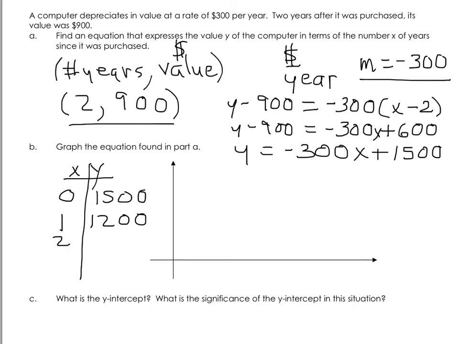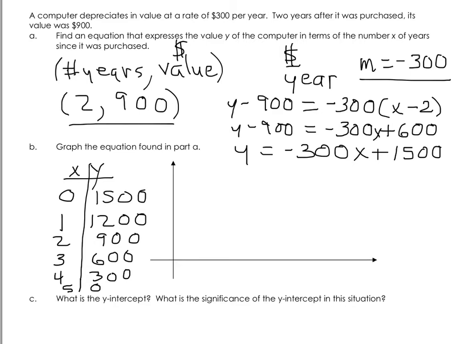We already know that if x is 2, y is 900. And if x is 3, we get 600. At 4, it's going down by 300 every year, 300. And then at 5, 0.